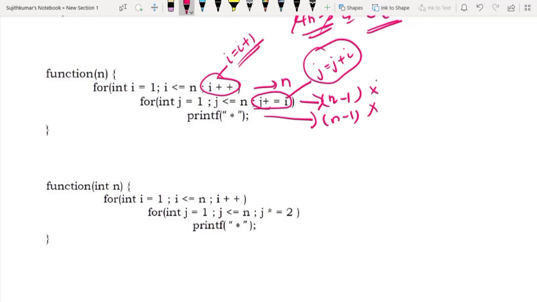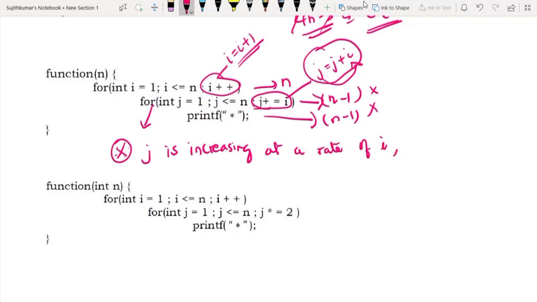But here j plus equals i means j equals j plus i. j is increasing at a rate of i, not at the rate of 1. Usually loops have the habit of i equals i plus 1, but here this is not the case. It depends on i.